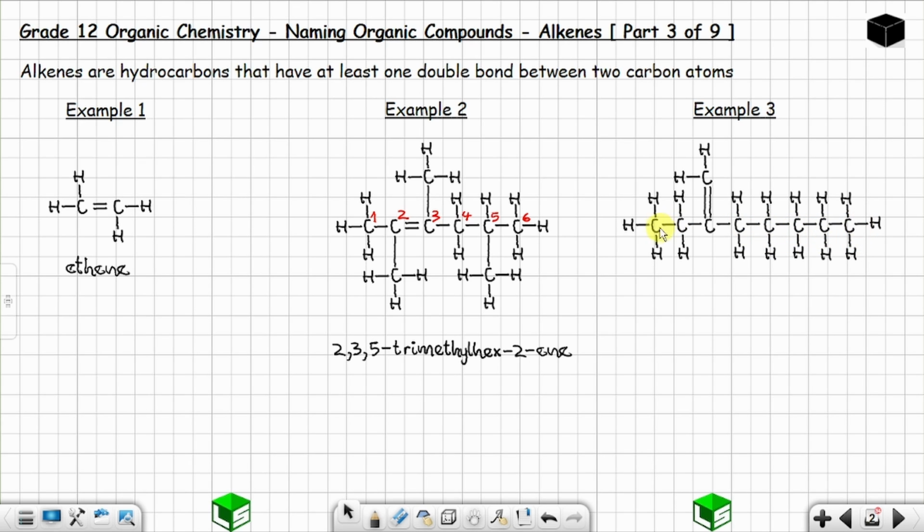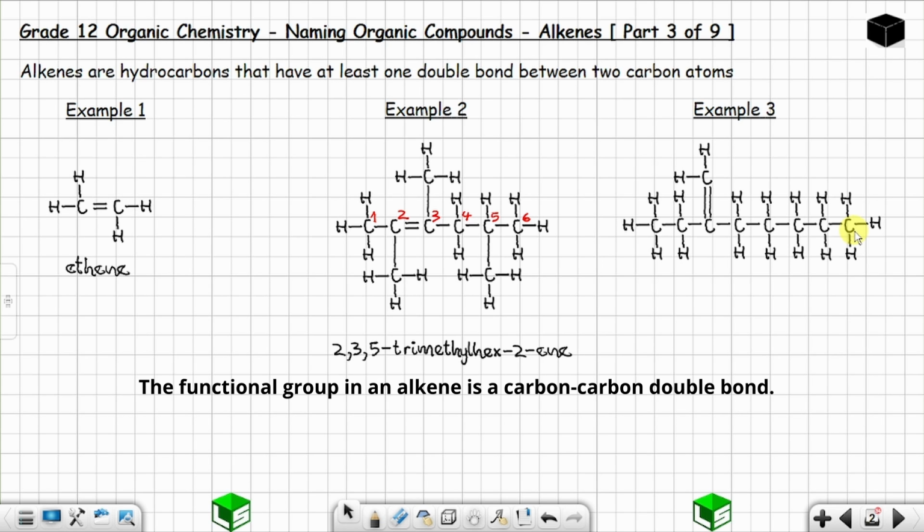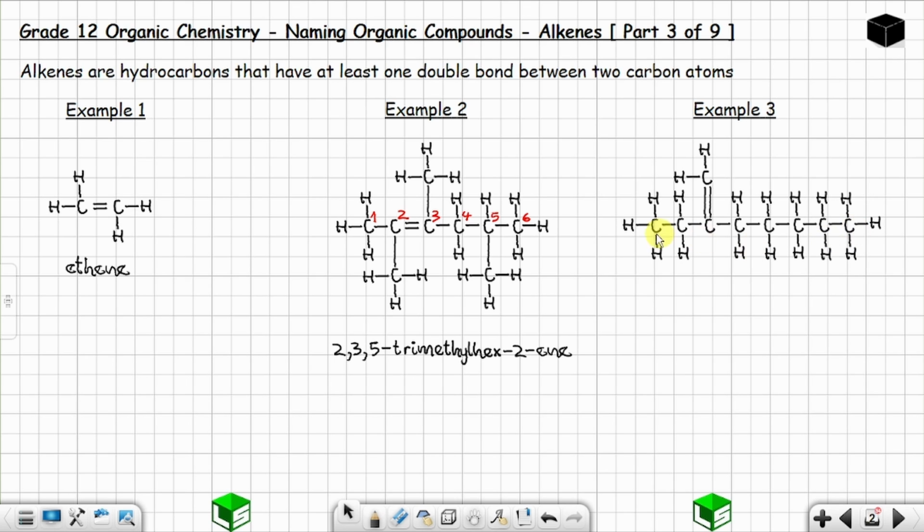Even though this is the longest one, the problem is that the double bond is not included. You have to choose the longest carbon chain that contains the double bond. The double bond is the functional group for alkenes. Do not choose this one, even though it is the longest, because the double bond is excluded.